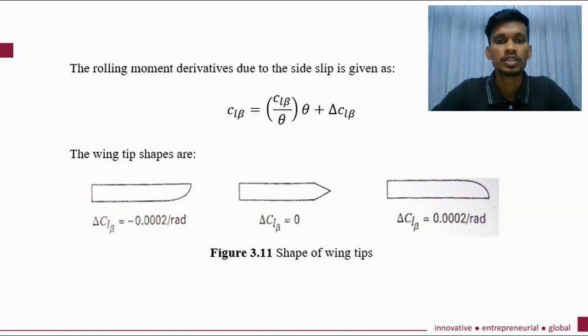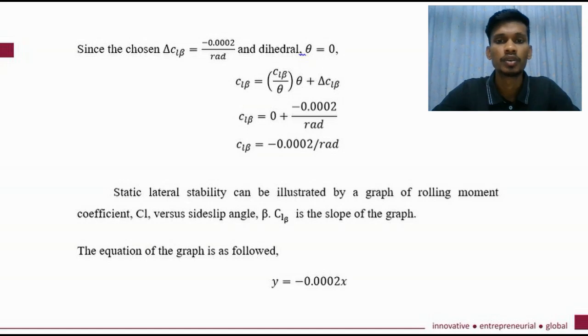Since the chosen wingtip is the first one, our delta CL beta will be negative 0.0002 per radian, and our dihedral theta is equal to 0. Therefore, when the following values are substituted into the formula, we will get a CL beta of negative 0.0002 per radian.